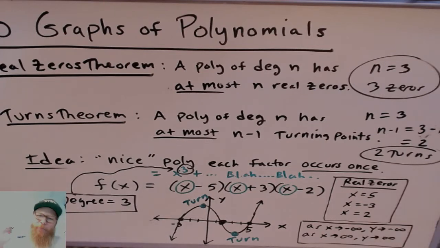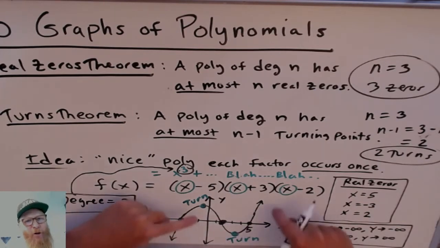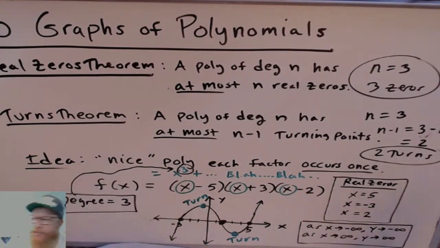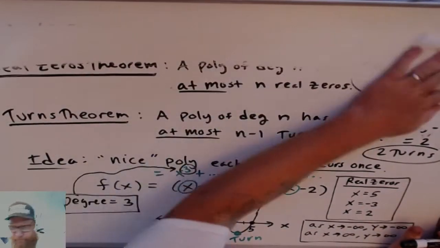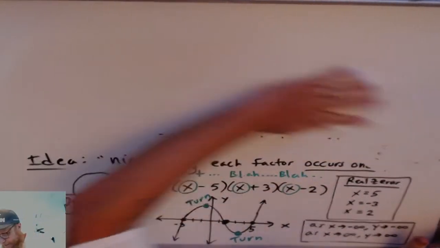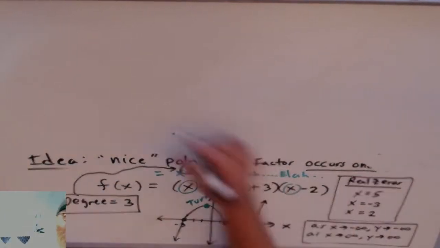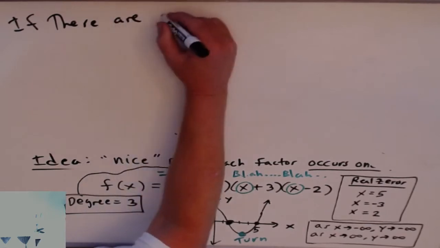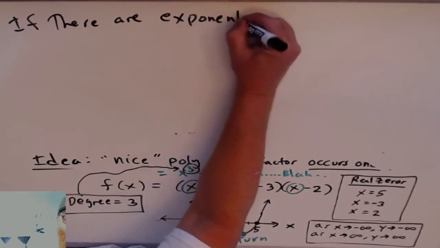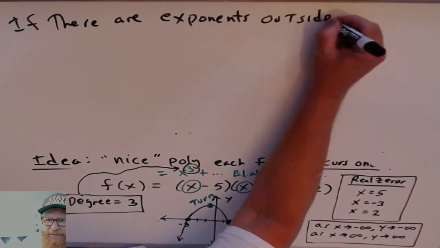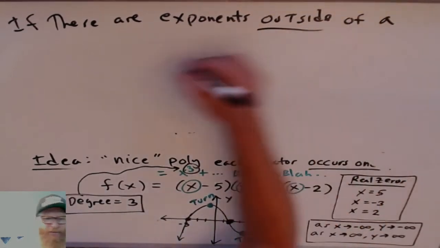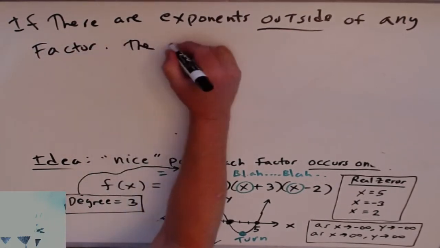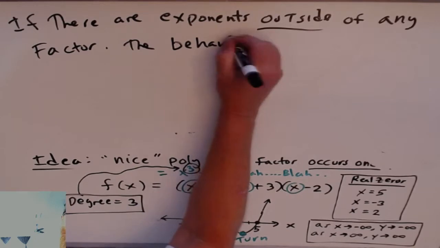Okay. The problem is this. Not every polynomial is going to be nice like this. Some polynomials are not so nice. So what happens? If there are exponents outside of a factor, the behavior changes.